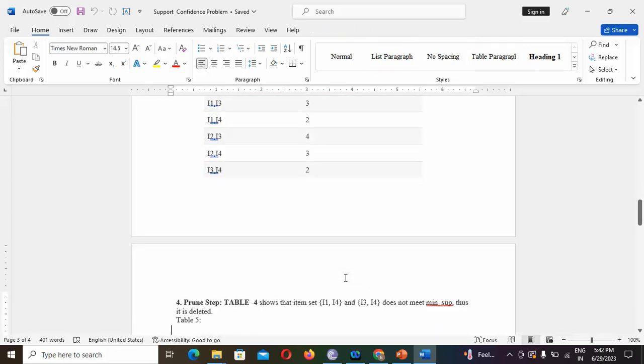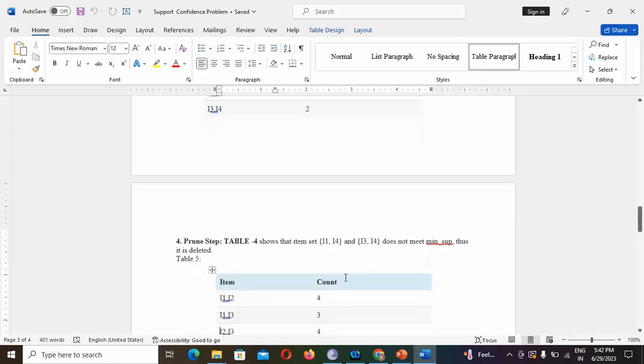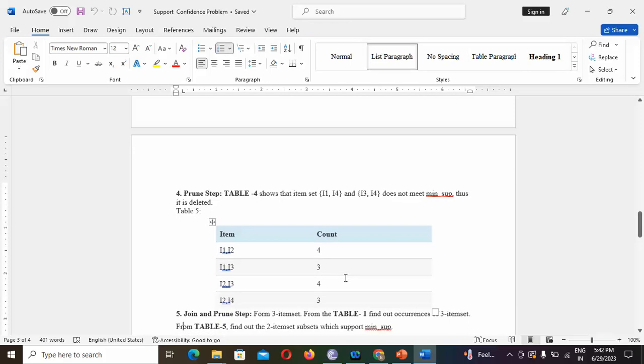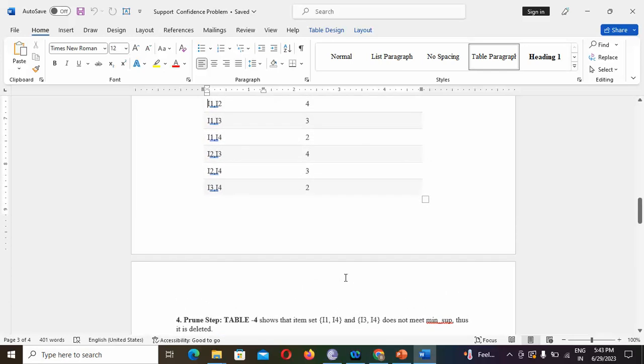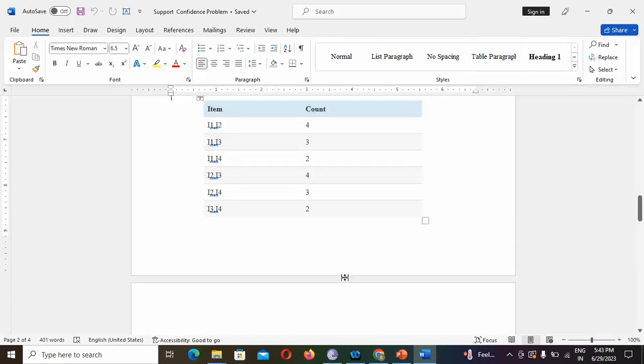After the join step, what do we have to do? For the first item calculation we applied the prune step, and again for the 2-item calculation we are going to apply the prune step. If you observe the above table, the minimum support value is 3. Which items have a count less than 3?